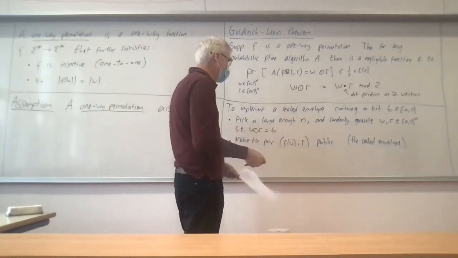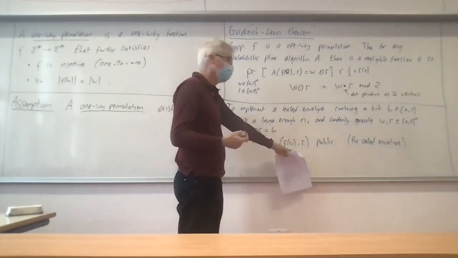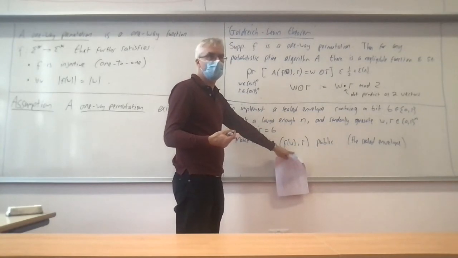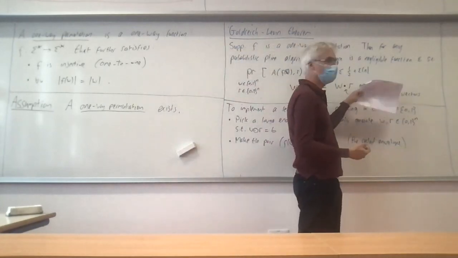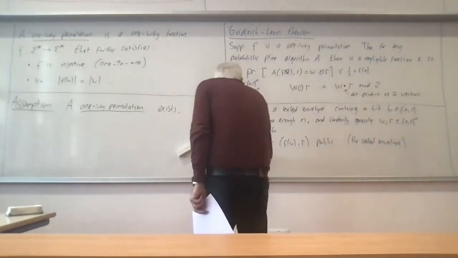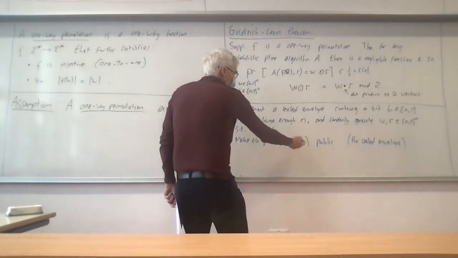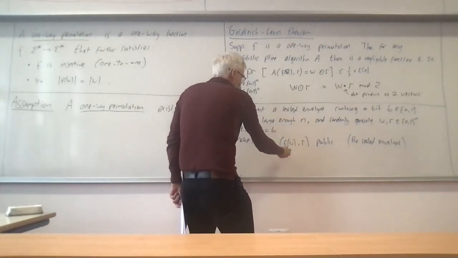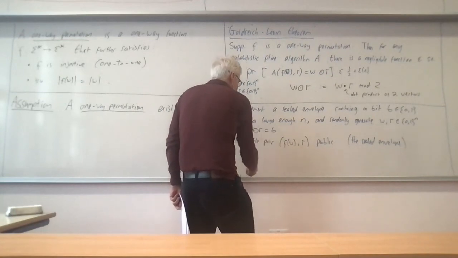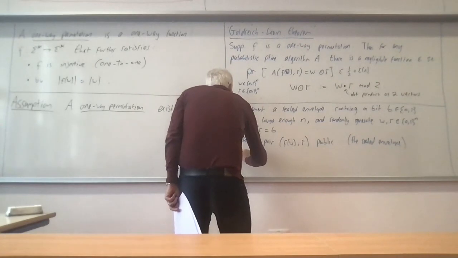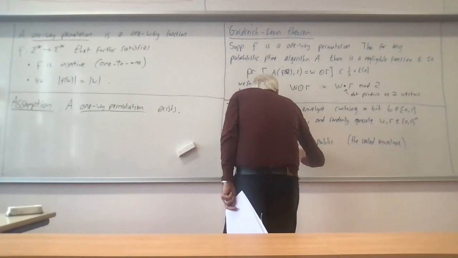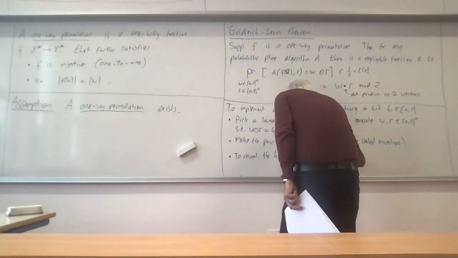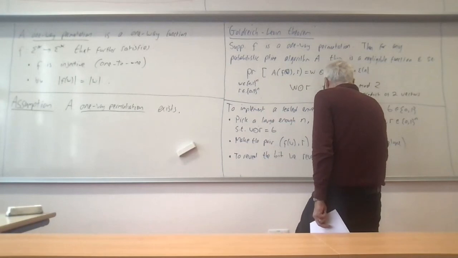To reveal the contents, we simply give w, and then the verifier can compute what the value of w circle r is, and can compute f of w and check that the w we give really is the key to getting this bit out of the envelope. So to reveal the bit, reveal w.